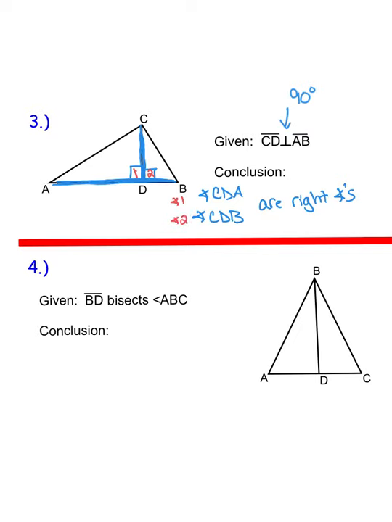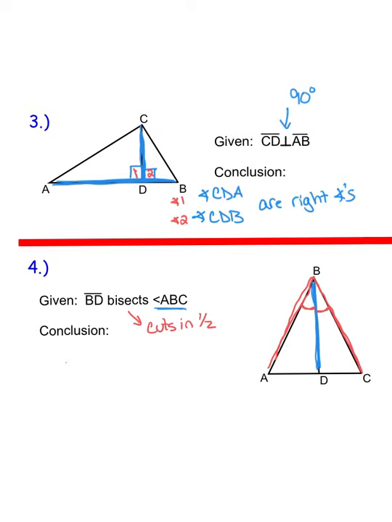If we look at number 4, it says that BD, so this here, bisects angle ABC. So if I look from A to B to C, so the blue line is bisecting the angle. If we think about a bisector, it means cuts in half. So that means that this angle here and this angle here are equal.